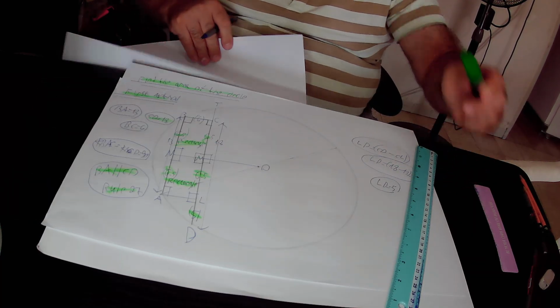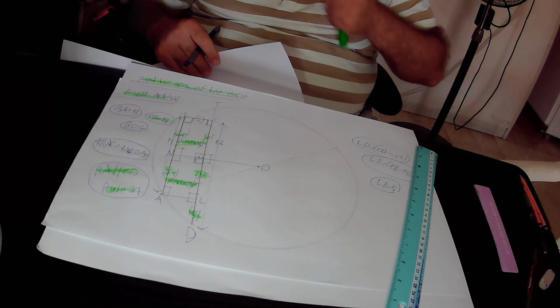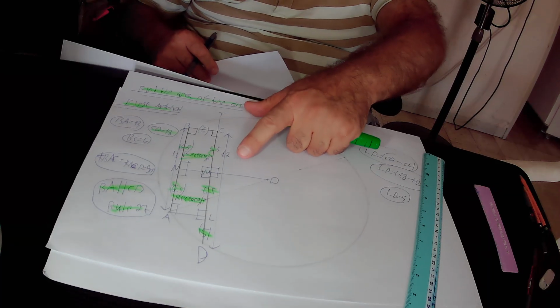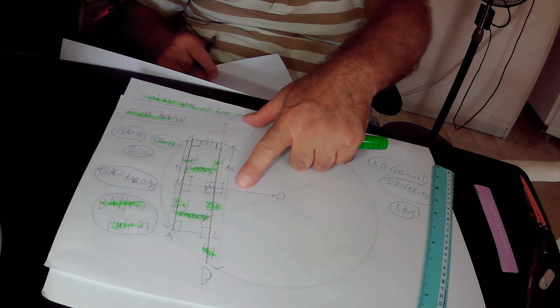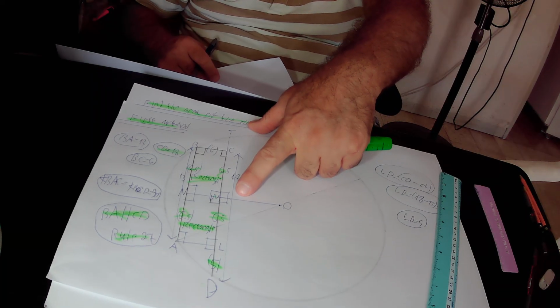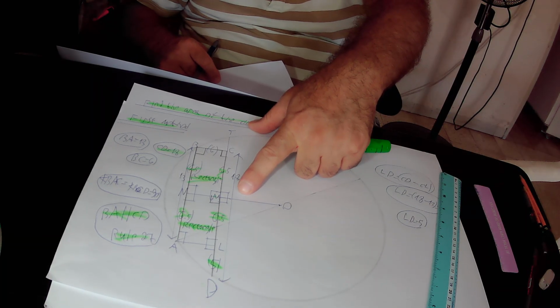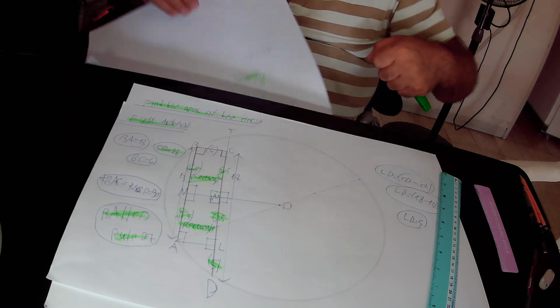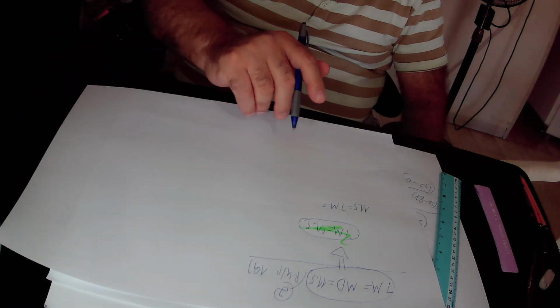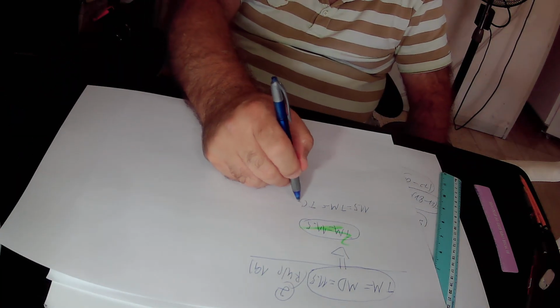From one side, TM equals 11.5 units. But from the other side, TM also equals TC plus CM.